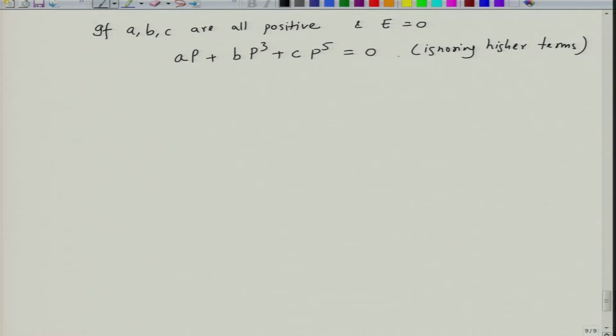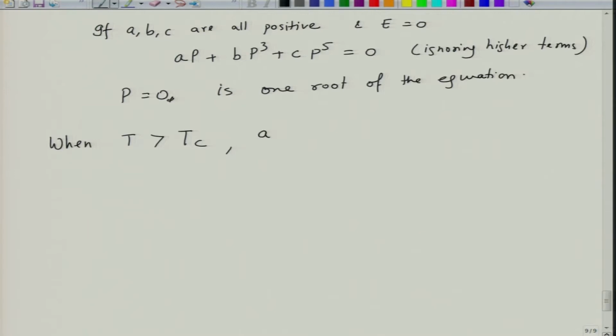So, if A, B, C are all positive and E is equal to 0, then we can clearly see that P is equal to 0 is one root, right. So, at P is equal to 0, there is certainly one minimization that will occur. So, that is the first lesson that we learn from this exercise.